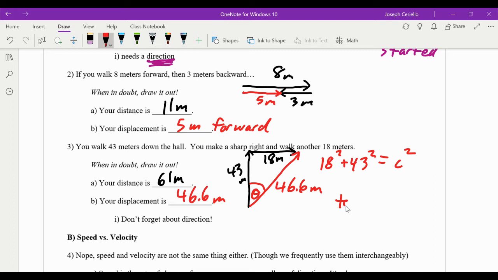So to find that angle, I'm going to write tangent of theta equals opposite, which is 18, over adjacent, which is 43. And then I'm going to do theta equals tan to the negative 1 of 18 over 43. All right, so let's see what we get there on our calculators.